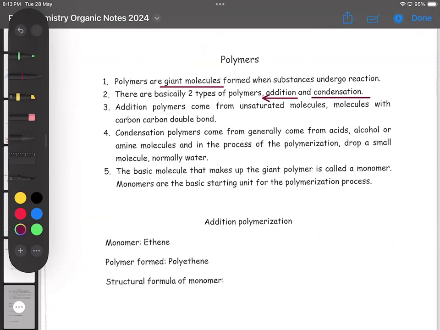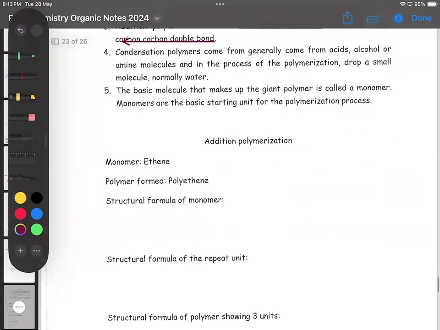So let's look at the first kind of polymers, which is addition polymer. They come from unsaturated molecules, basically things with double bonds. Let's take a look at this. The most basic one is ethene.